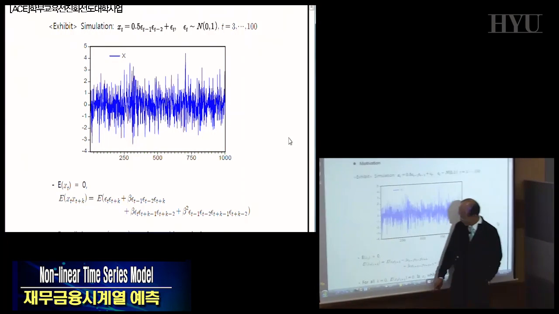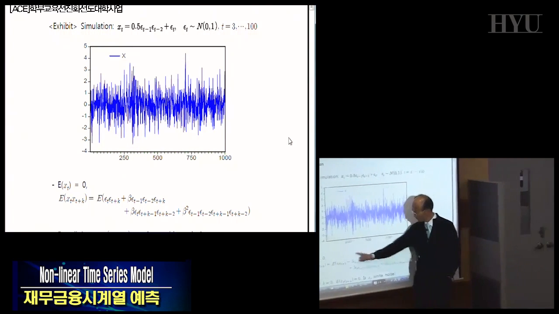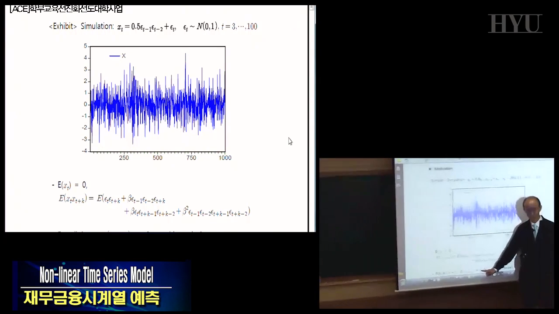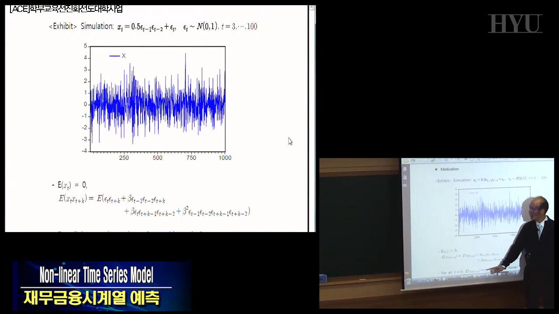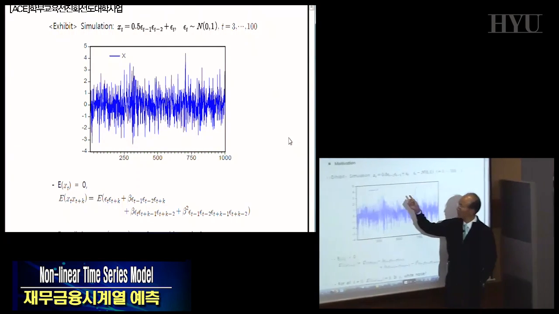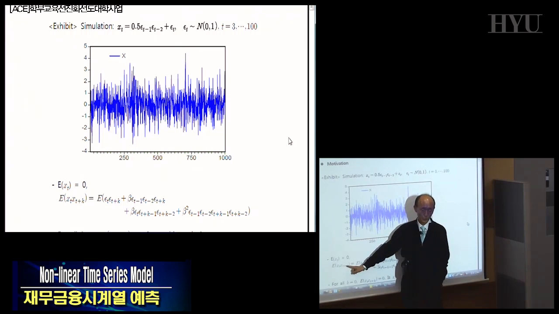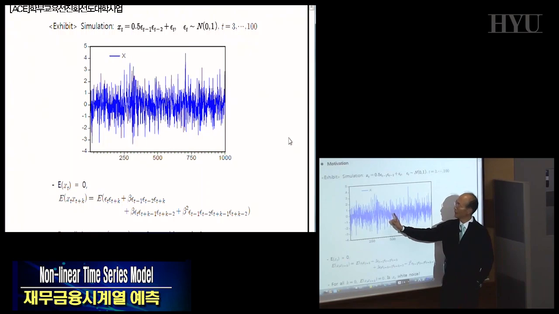But if k is not 0, the case of k being 0 is the variance, then we can show that the covariance is in fact 0. So if you are given this kind of data, you can typically find 0 expected value and no autocorrelation. So you may think this is white noise.